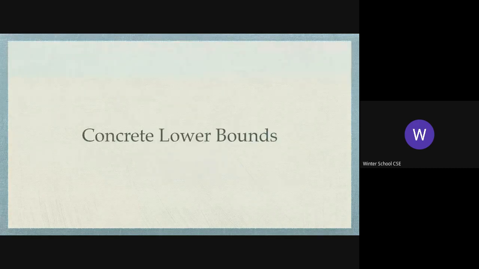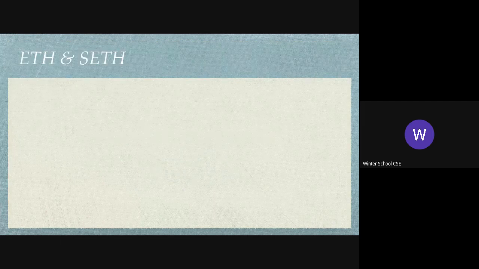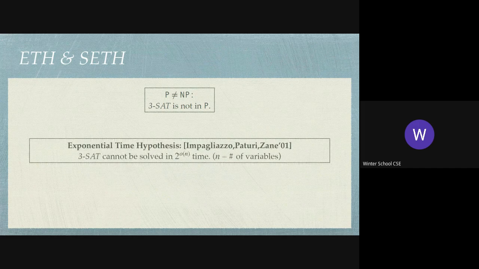So I was talking about lower bounds. We have this hypothesis that P is not equal to NP, and what this basically means is that 3-SAT is not in P. Now there is something called ETH, the exponential time hypothesis, which is stronger than P not equal to NP.